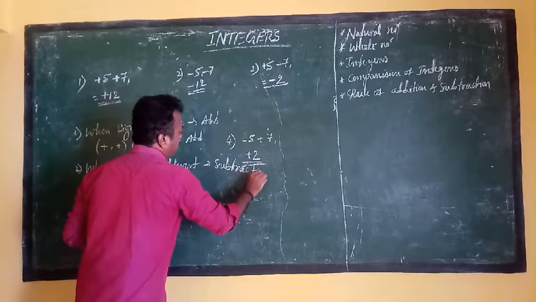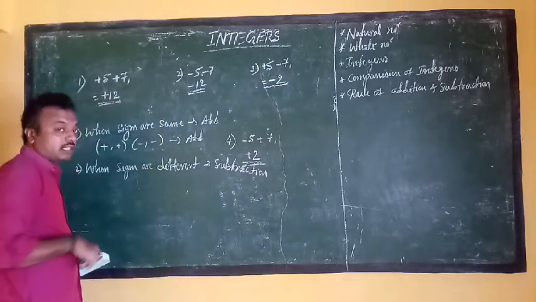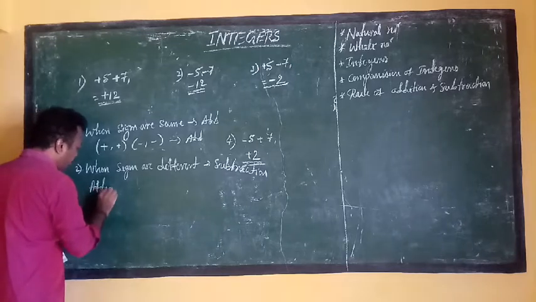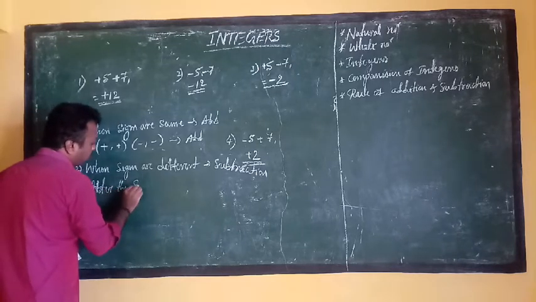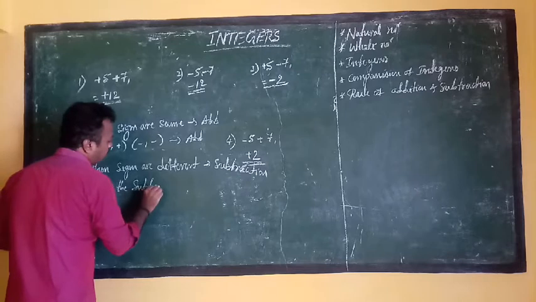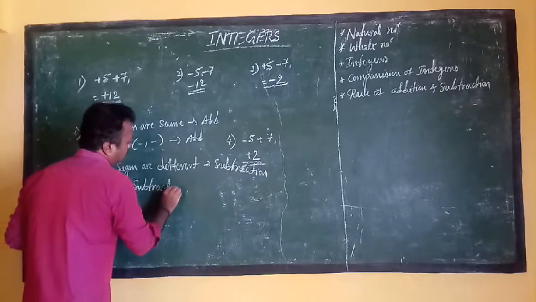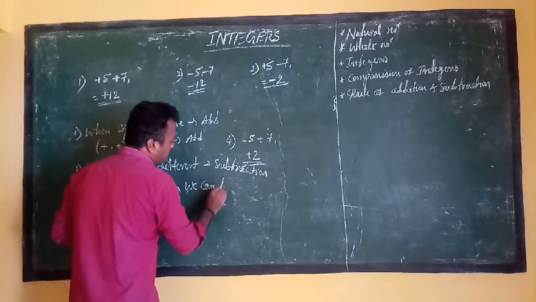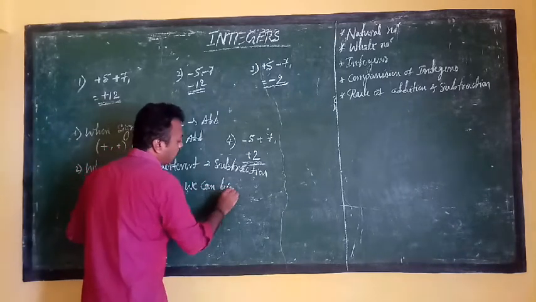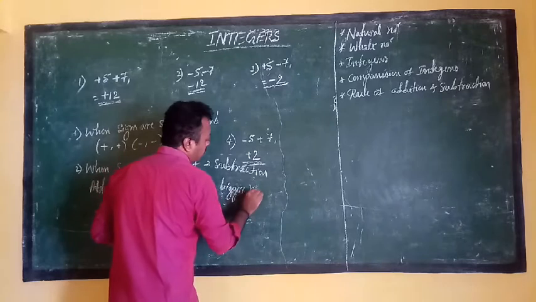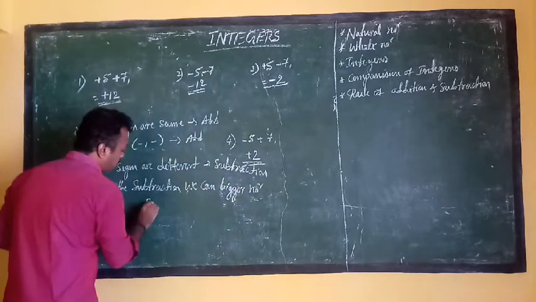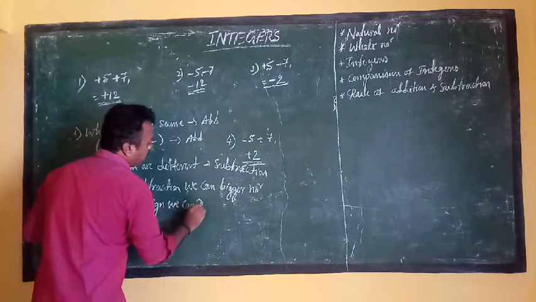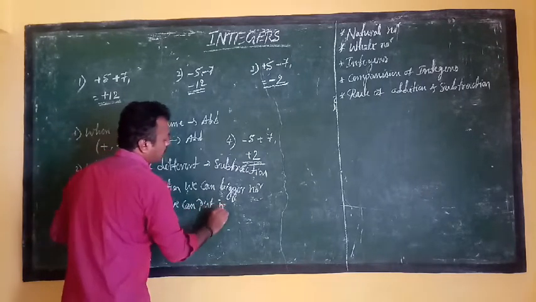Correct? After the subtraction, we put the bigger number's sign in the resulting number. The bigger number's sign we put in the answer.